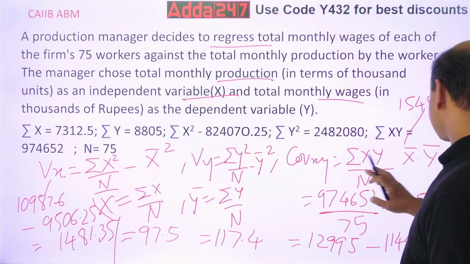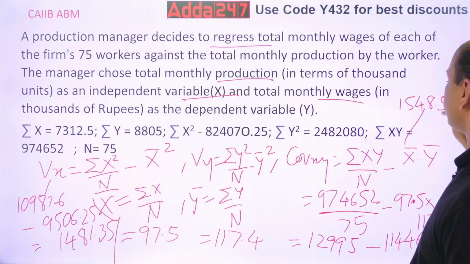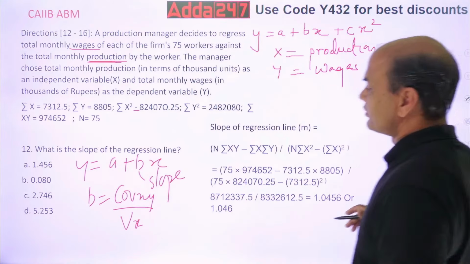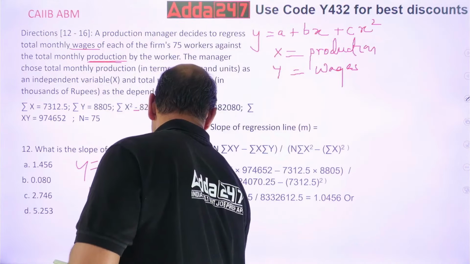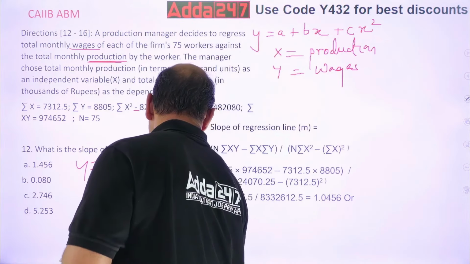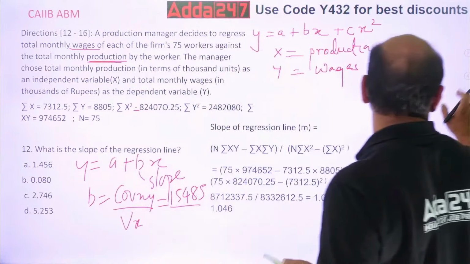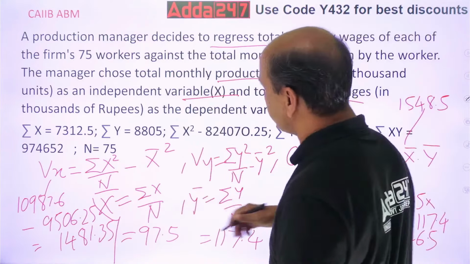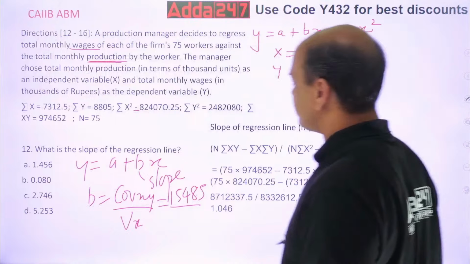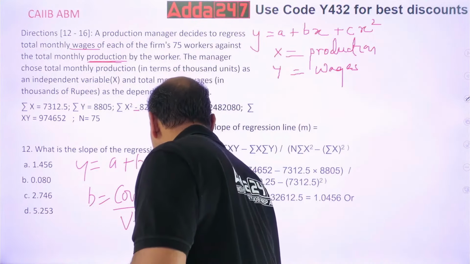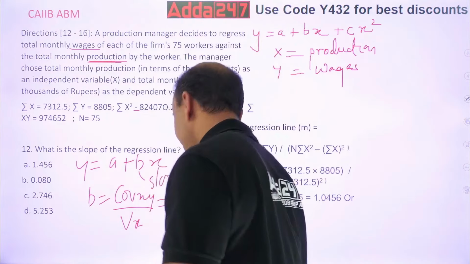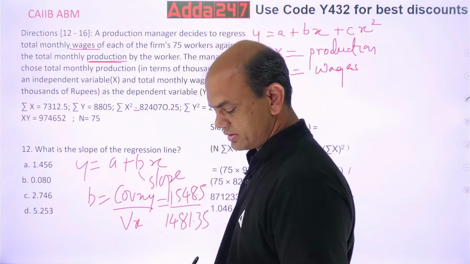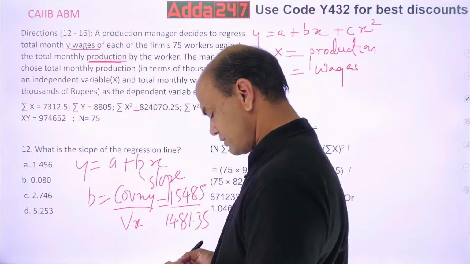So now what is covariance? 1548.5 divided by variance of x, which was 1481.35. Do the division, everyone.